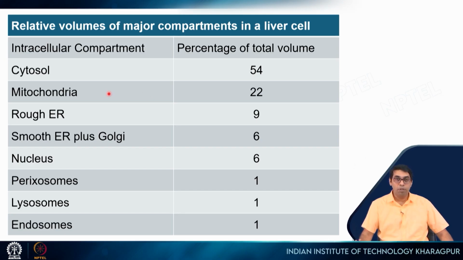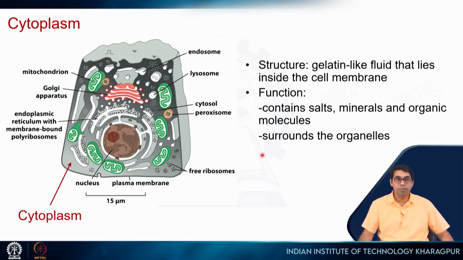Again, mitochondria is not one, there are multiple mitochondria present, and if you consider their total volume, that will be more than 20% or 1/5 of the cellular volume. Then rough ER, then Golgi bodies, and these are much smaller. The nucleus occupies only 6% of the total cellular volume. You can imagine the level of compaction that is needed to pack the DNA inside this nucleus.